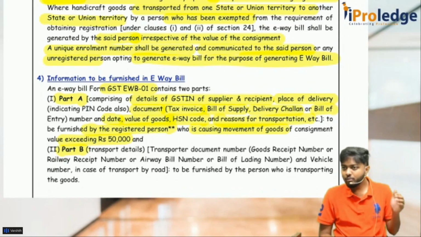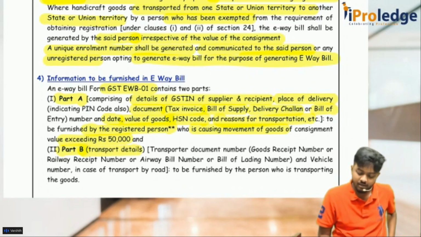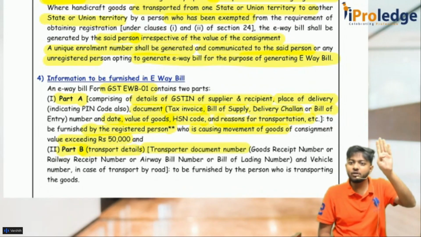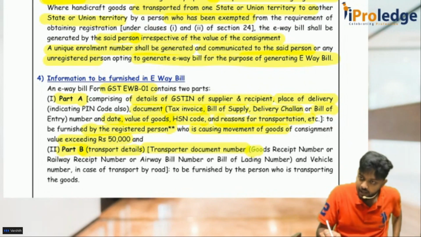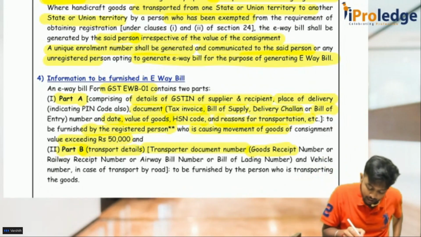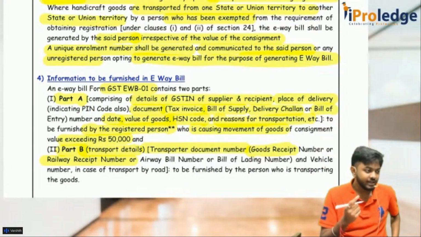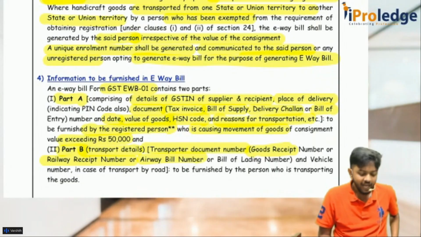If I'm causing the movement of goods from A to B, of course, I'll have one transporter. In part B, I will give transport details. Transport details means the transporter document number. That person would have given one receipt for enabling the transporting. That's called the goods receipt, so that goods receipt number you give in part B. If you are transporting via railway, then the railway gives a railway receipt number. If via aeroplane, they'll give an airway bill number.